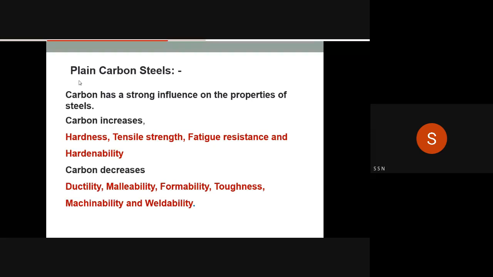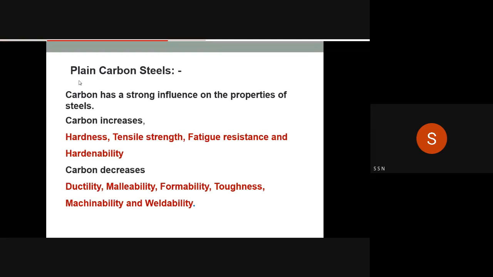You have seen many applications of steel: steel used in household applications, steel used in the automobile industry, in piston rings, piston rods, connecting rods, railway rails, tires, and wheels.